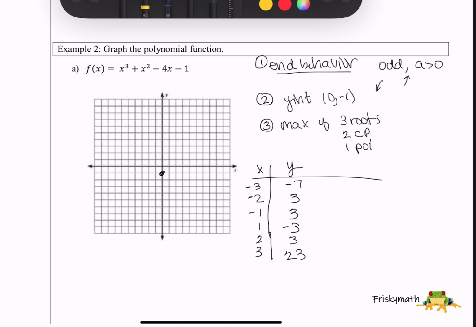And that's the really important part, because I know that my end behavior needs to take on a certain form. So at -3, I'm down at -7. Now at -2, I'm up at 3. And that's weird because at -1, I'm also up at 3.